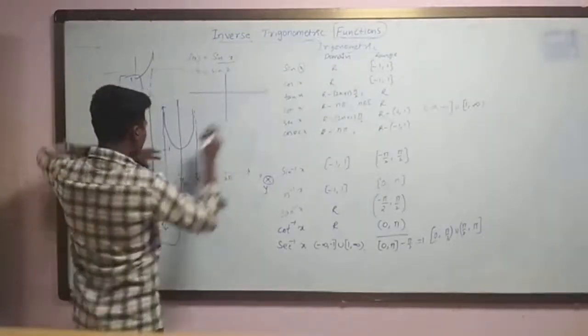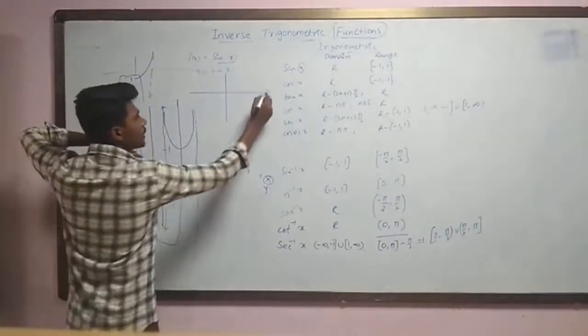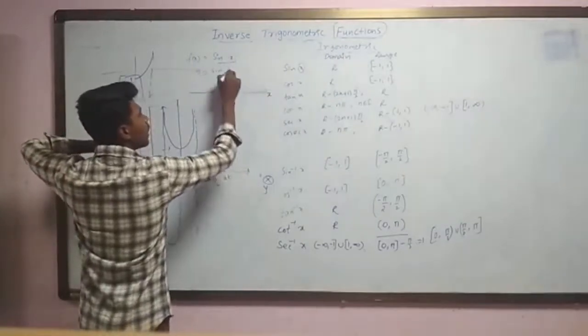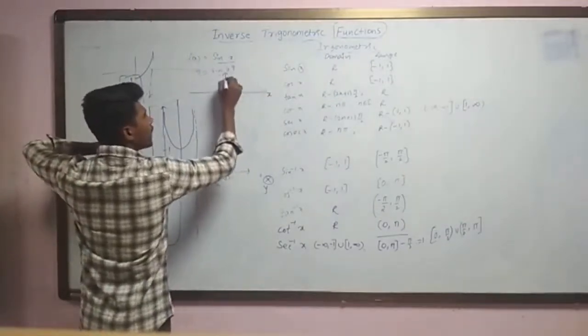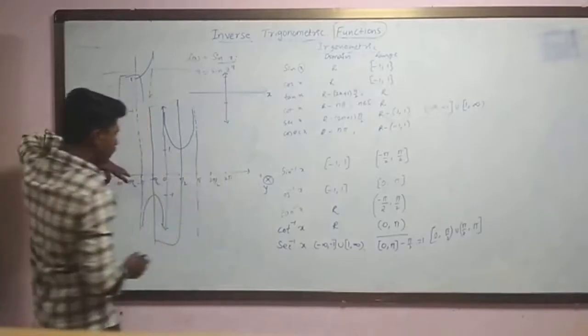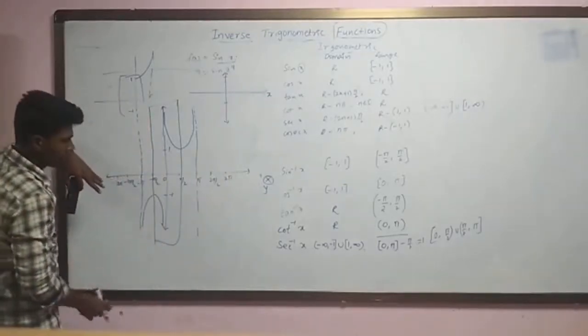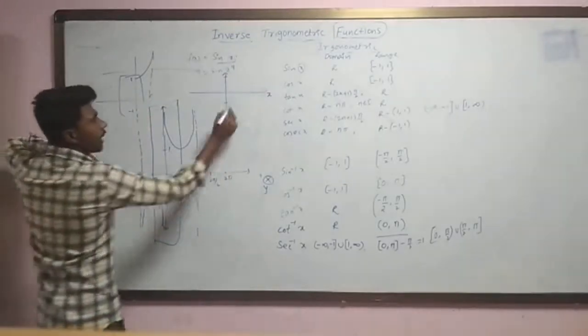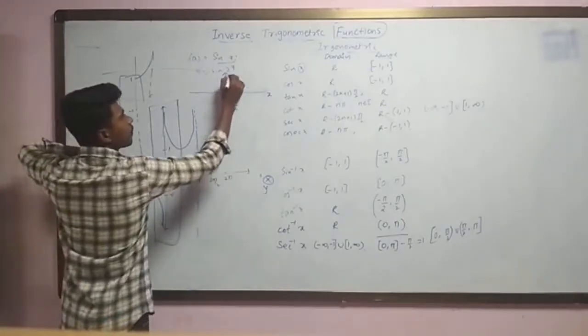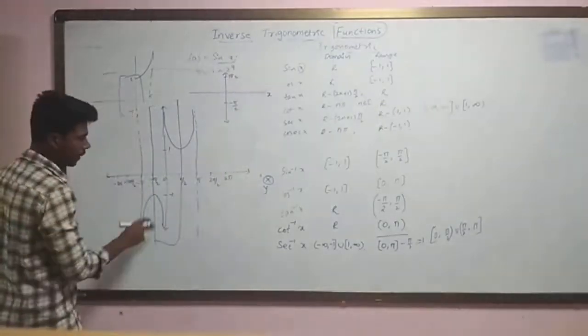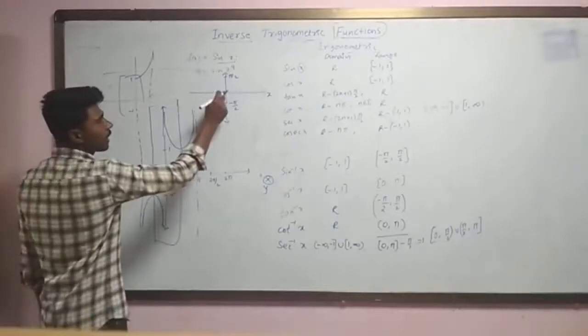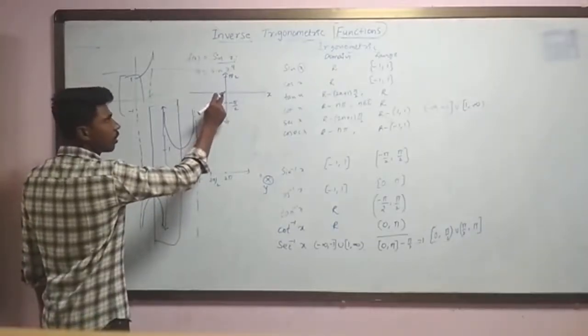I am changing y as x and x as y. Its values lie between minus pi by 2 and pi by 2. Wherever I get 0, it's not defined.